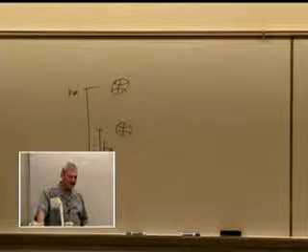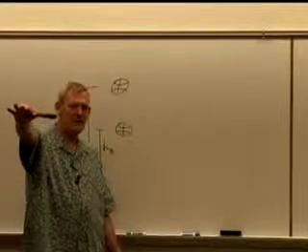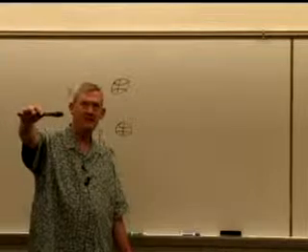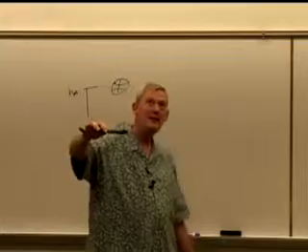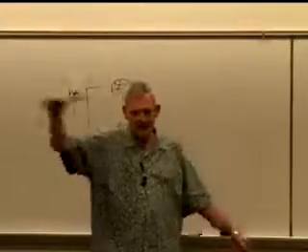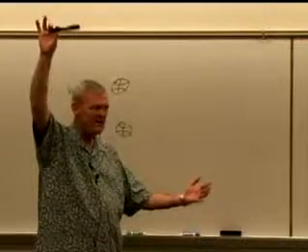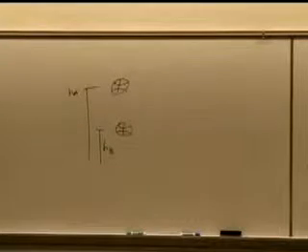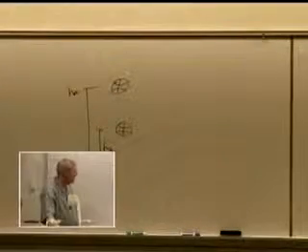Remember, if I hold this marker at this height and want to change its gravitational potential energy, I do positive work with my arm to raise it up to here. It doesn't matter if I go like this. The change in energy, once I stop, doesn't depend on the path. The friction caused by the air molecules was non-conservative, so that did depend upon the path. But the gravitational potential energy didn't depend upon the path.